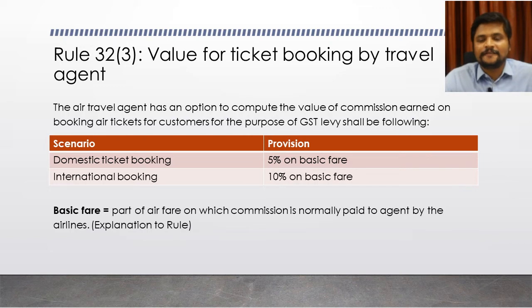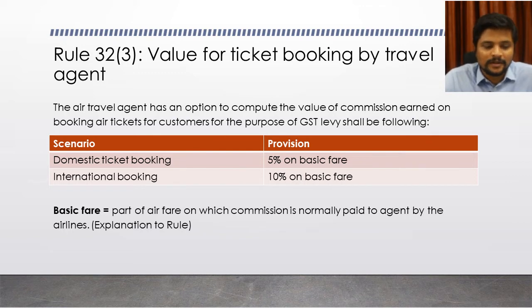In that case, 5% of the basic fare will become the value for the services provided by the agent. Value for the services provided by the agent is nothing but 5% of the basic fare in case of domestic air ticket booking. In the case of international air ticket booking, that 5% will be read as 10% of the basic fare.